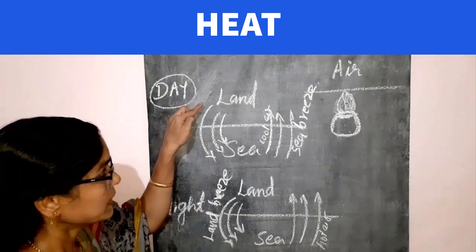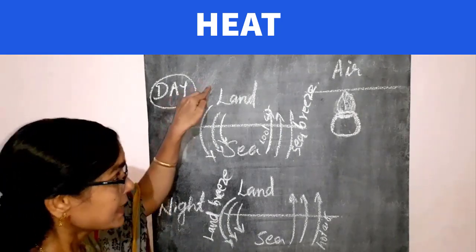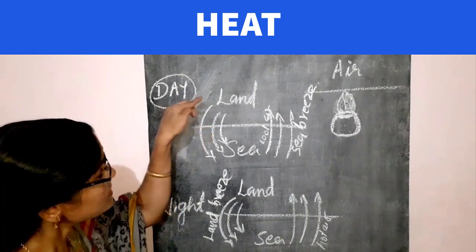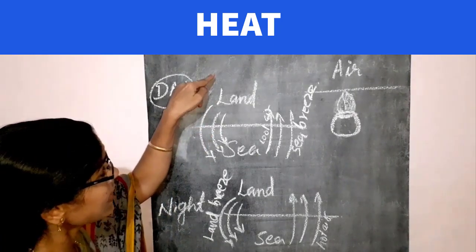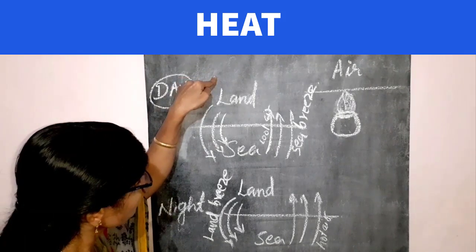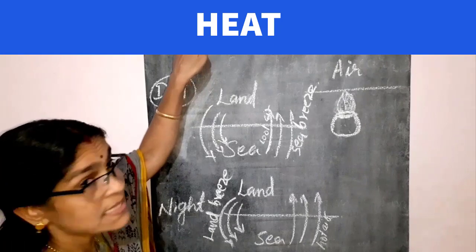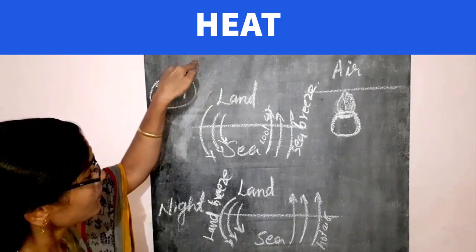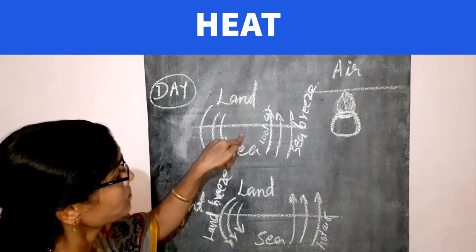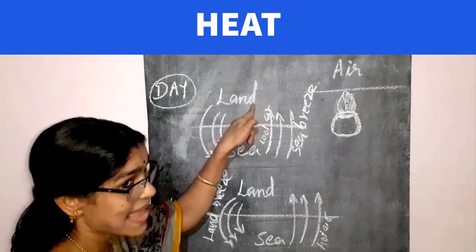Children, during the daytime, land gets heated faster than water. Because of that, the air above the land is warm and rises up. At that time, the cold air from the sea moves towards land.